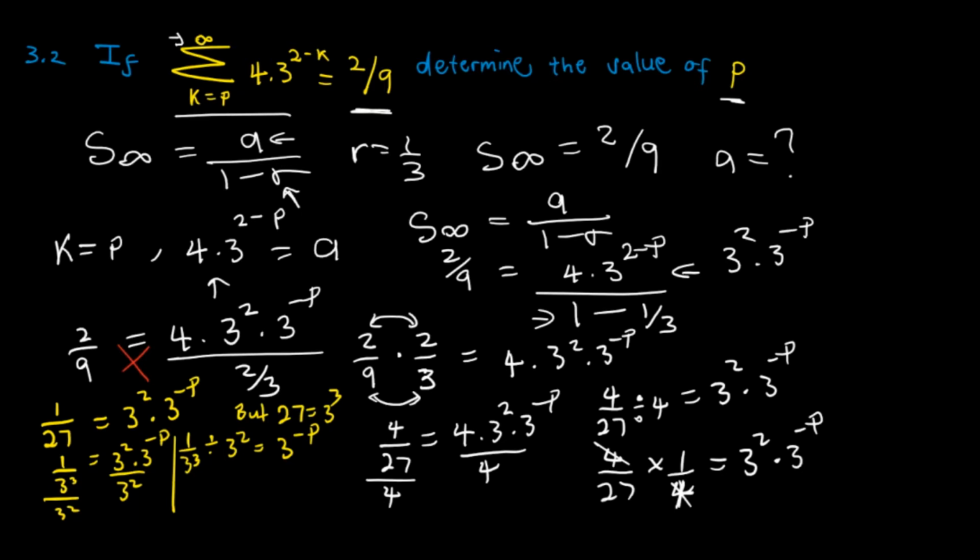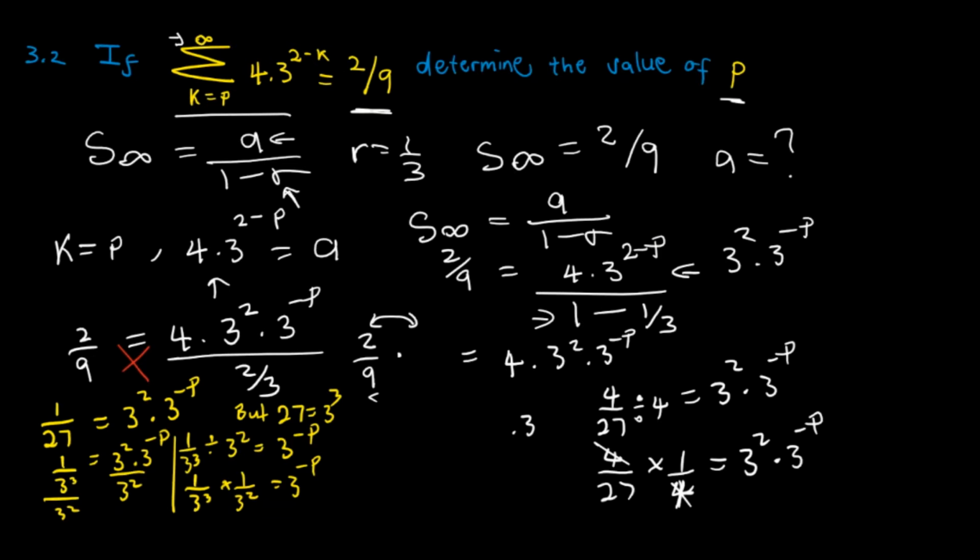Right? Then you're going to have 1 over 3 to the power of 3 times 1 over 3 to the power of 2 is equals to 3 to the power of minus p. Right? So let me just rub this one here. So now what we have here is 1 over 3 to the power of 2 multiplied by 3 to the power of 3 equals to 3 to the power of minus p.